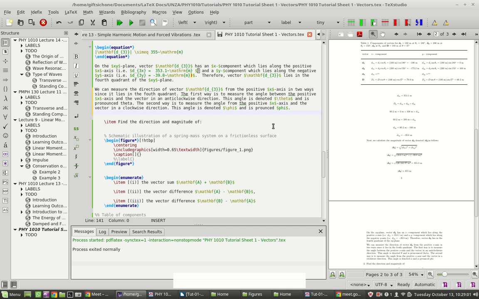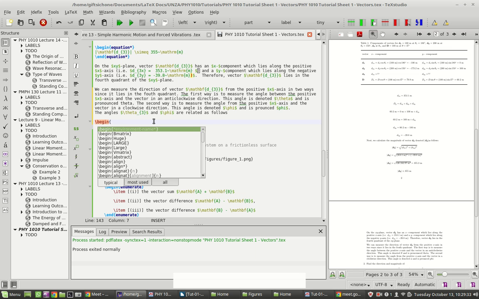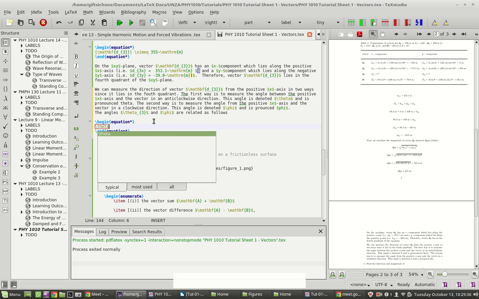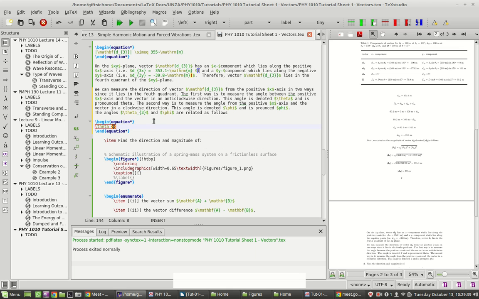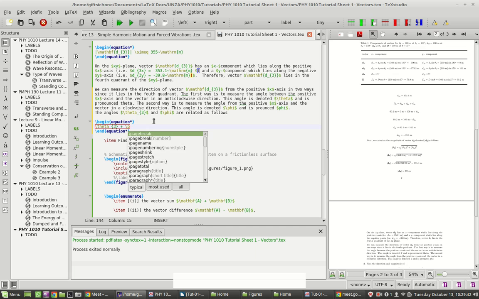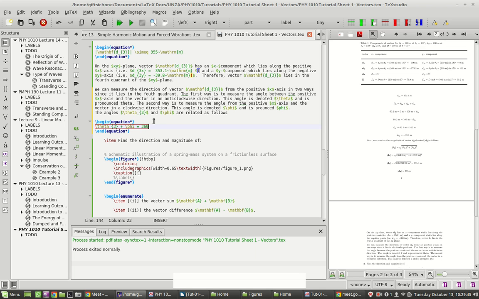So for vector 3, the angle theta 3 and phi are related as follows: theta 3 plus phi is equal to 360 degrees.